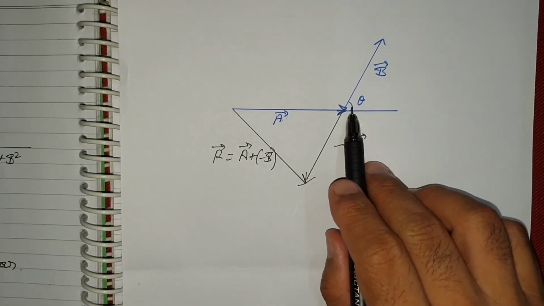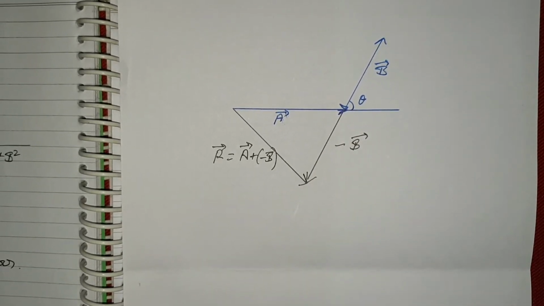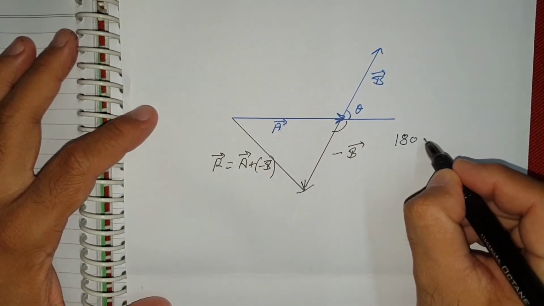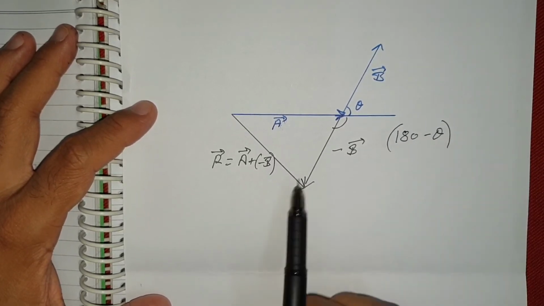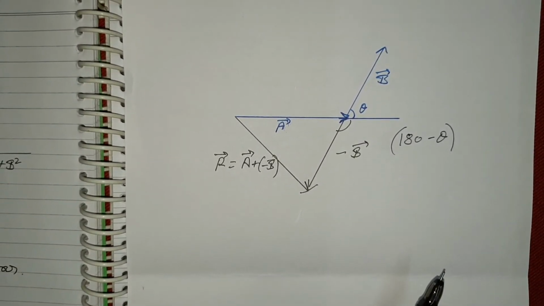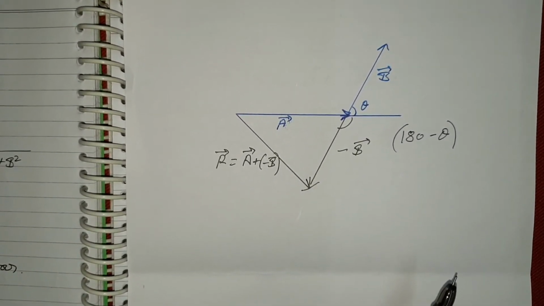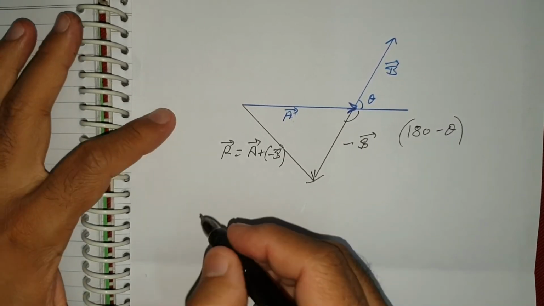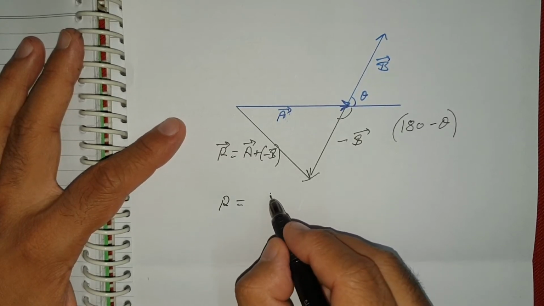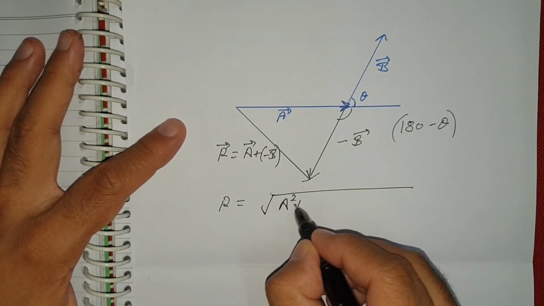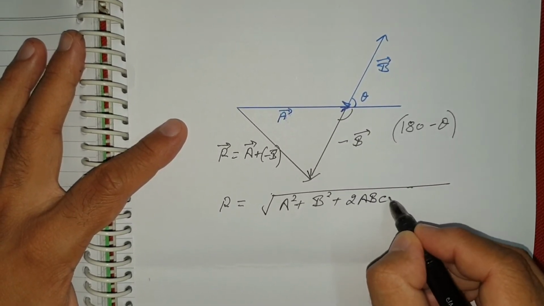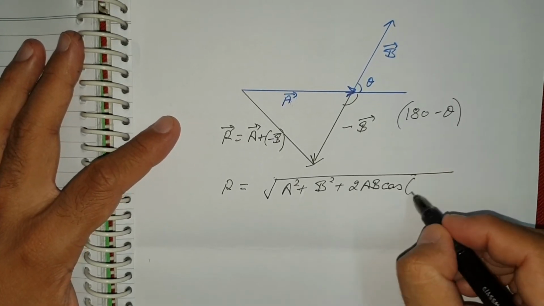Now you see, if theta is the angle between vector A and vector B, then the angle between A and minus B will be 180 minus theta. Now from the results, the magnitude R is under root of A square plus B square plus 2AB cos of 180 minus theta.